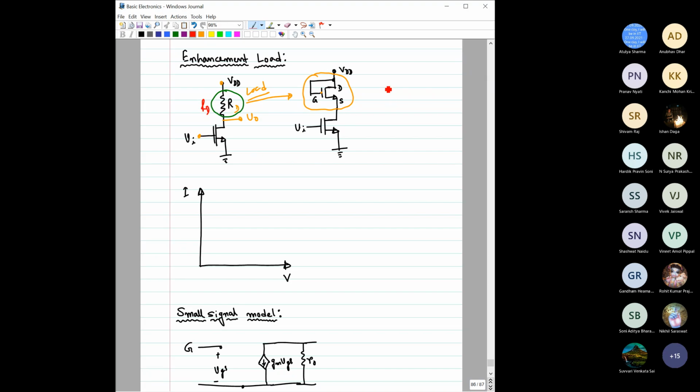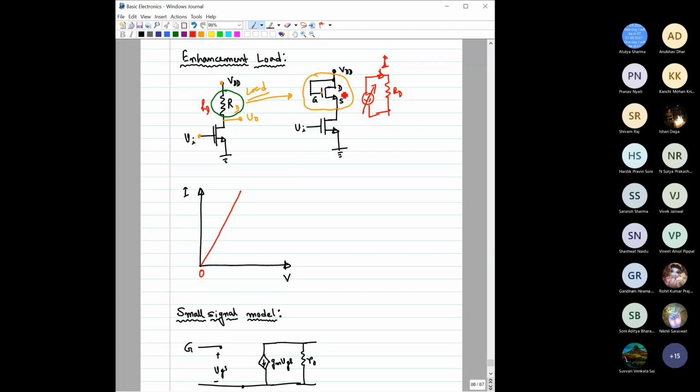Say we take one resistance, measure the current, and apply different voltages. For a resistance, the IV characteristics would be a straight line, Ohm's law, passing through zero.